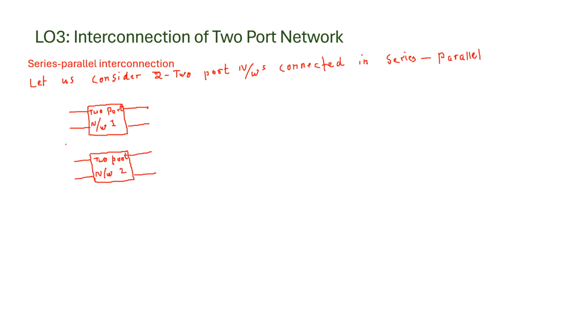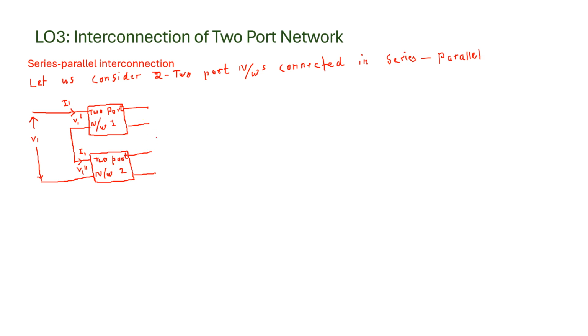Now let us say that the input pair is connected in series, so the current will be the same. So let us have this current as I1, which is the same for the two networks. Let the voltage at the input pair be V1, and let this voltage be V1 dash, this is V1 double dash.